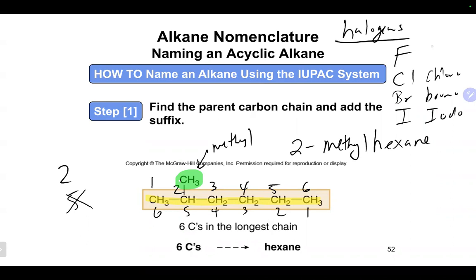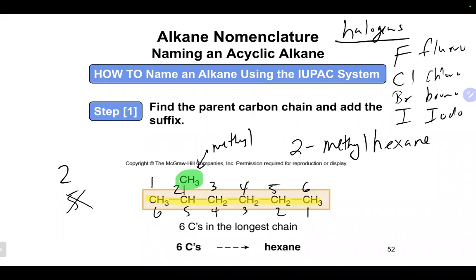So these guys get involved as well. If you have any of these halogens, it's fluoro, chloro, bromo, iodo is how you would name those. You would do the same way, alphabetical order with everybody else that might be there. Again, whichever way gives those groups the smaller number. And again, if you had multiples of those, you would also use a prefix like di or tri.